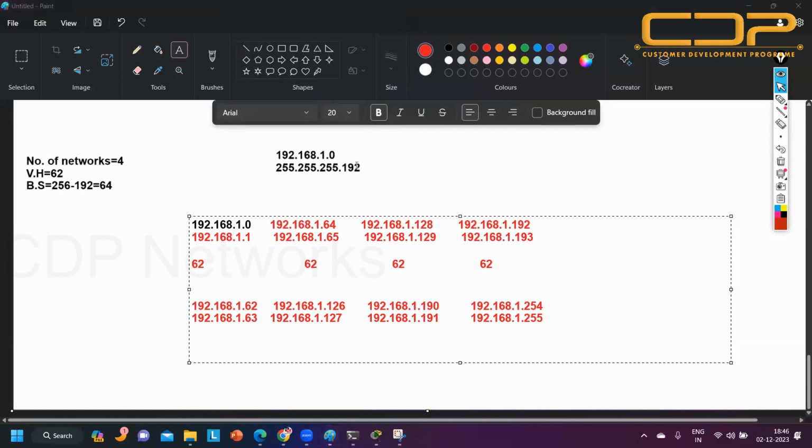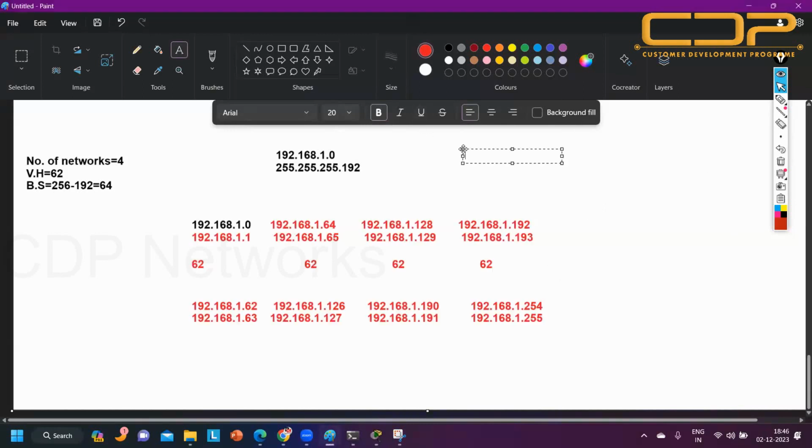Subnetting is dividing a large network into smaller networks uniformly, meaning the length of each network is equal. You can see I have divided this network into 4 parts, and the length of all networks is equal. So this is fixed length subnet masking, FLSM.